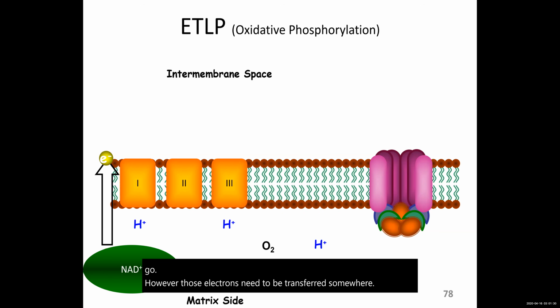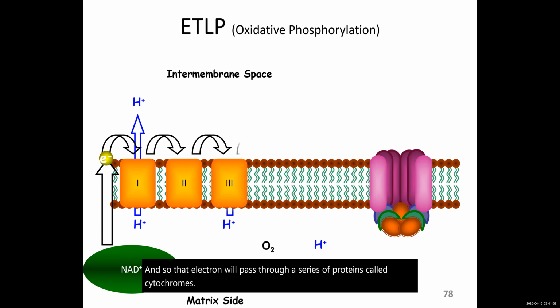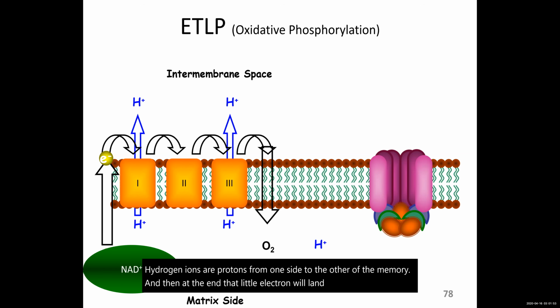And so that electron will pass through a series of proteins called cytochromes. And as it transports, those cytochromes will start pumping out hydrogen ions or protons from one side to the other of the membrane. And then at the end, that little electron will land on oxygen, charging it, and that oxygen trapping that electron can now combine with some of those hydrogens and create water.